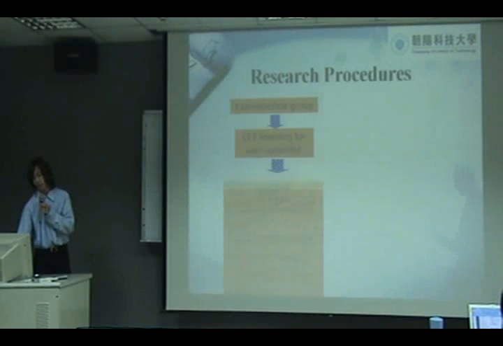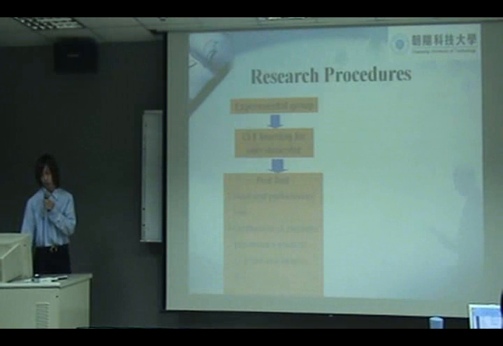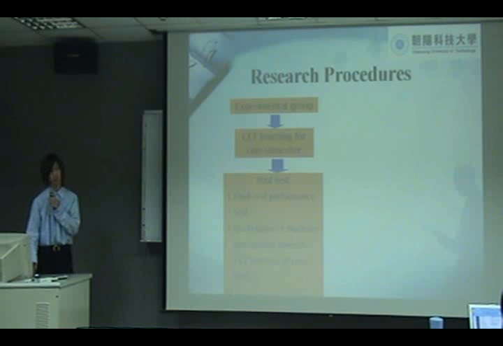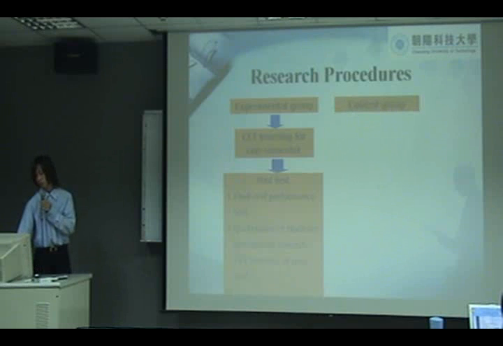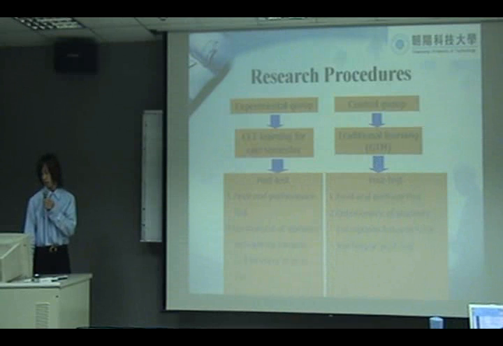After that, they will have the final speech test, and at the end of the semester, they will get another questionnaire about the learning perception towards CLT learning. For the control group, they are learning in the traditional classrooms, and then they'll get a final speech test and questionnaires about GTM learning.